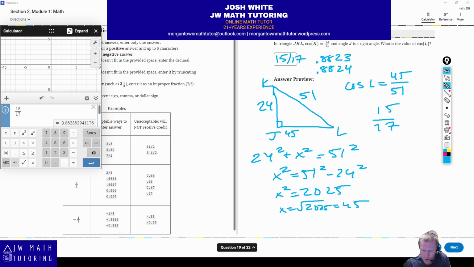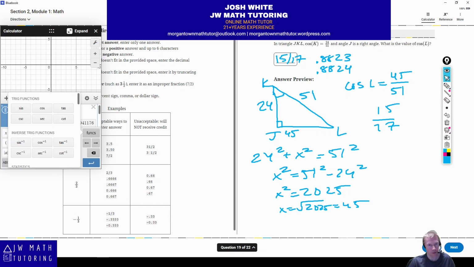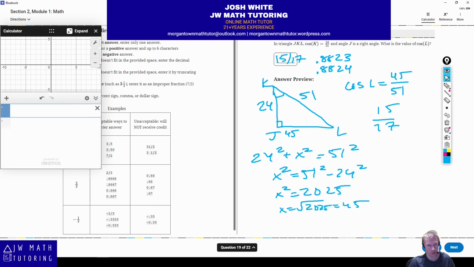Now, an alternate way that you could do this is you could find what the actual angle measure for K is, and this you would need to do on the calculator. You don't need a graphing calculator. Okay, so here's how you could do it.